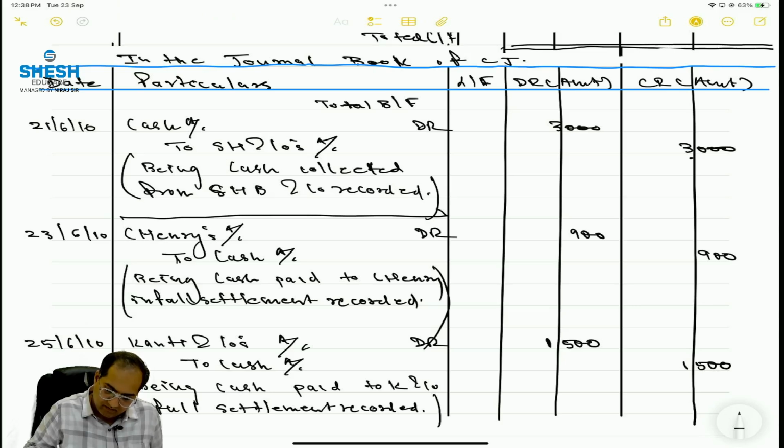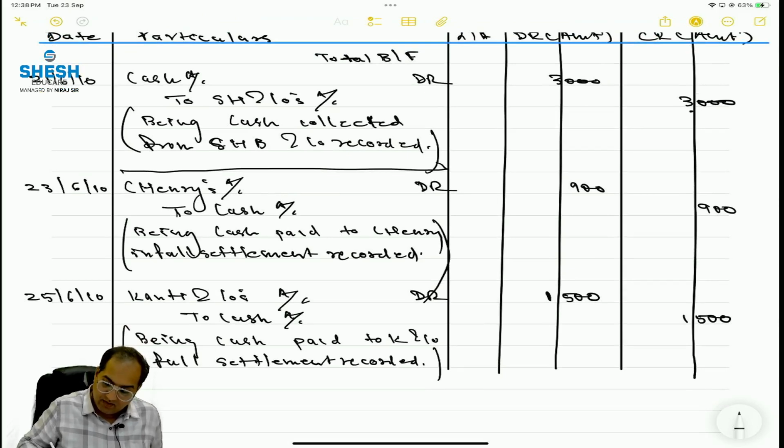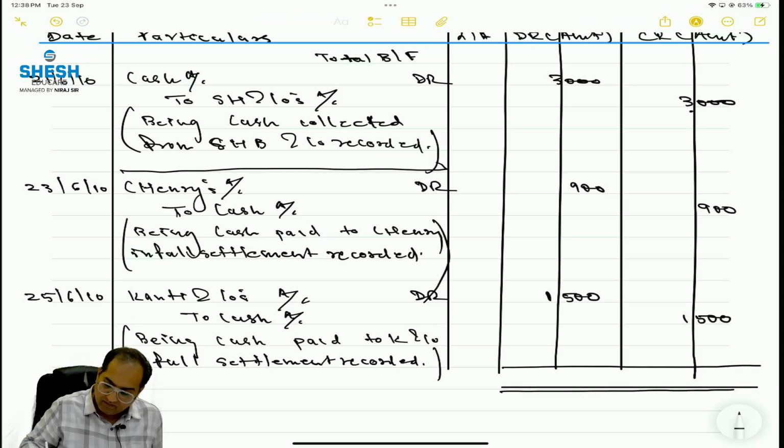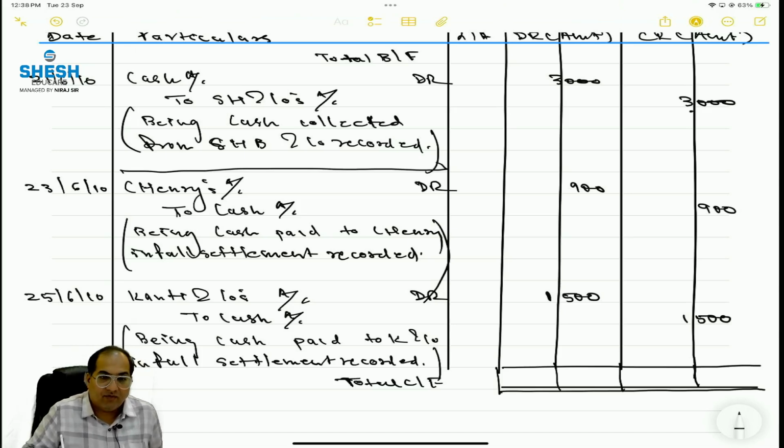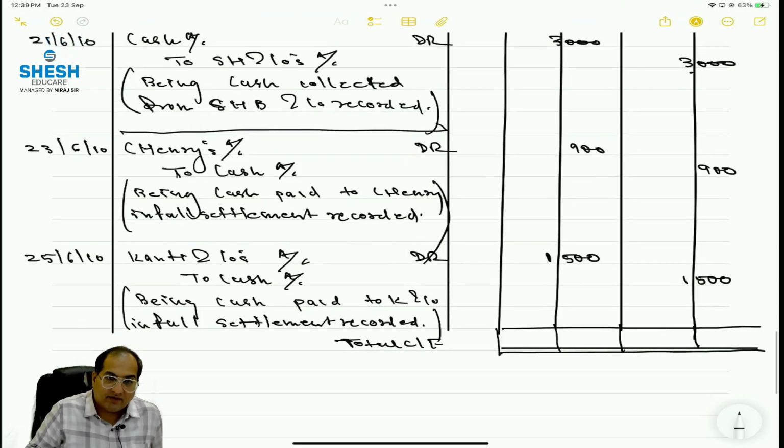Again, I'll do the totaling. Right, total carried forward. Correct? This will be brought forward to the next page.